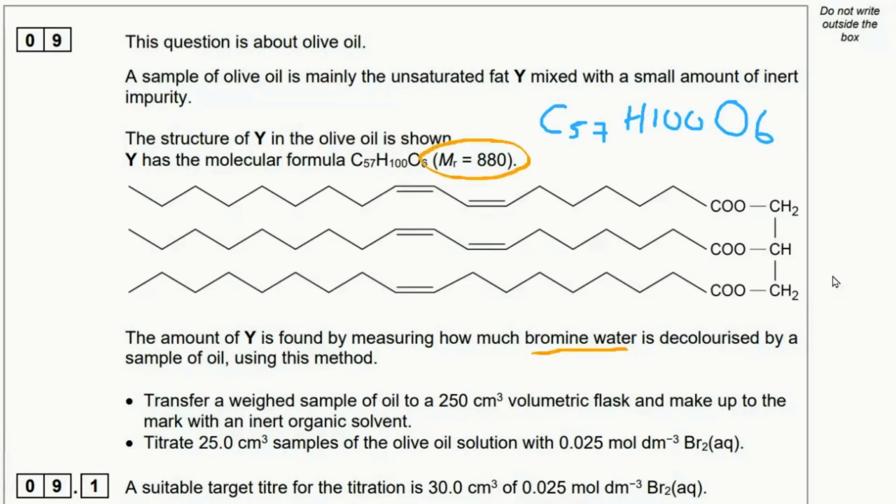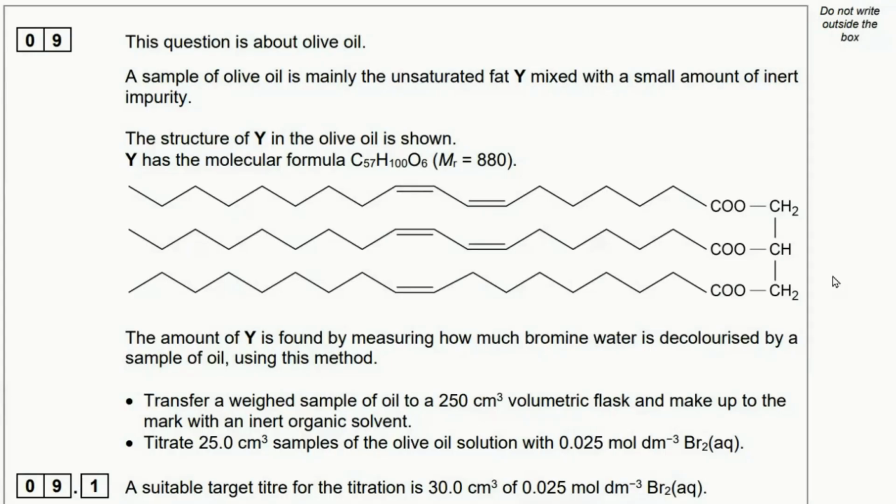The amount of Y is found by measuring how much bromine water is decolorized by a sample of oil using this method. Transfer a weighed sample of oil to a 250 cm³ volumetric flask and make up to the mark with an inert organic solvent. Titrate 25 cm³ samples of the olive oil solution with 0.025 mol dm⁻³ bromine aqueous solution.